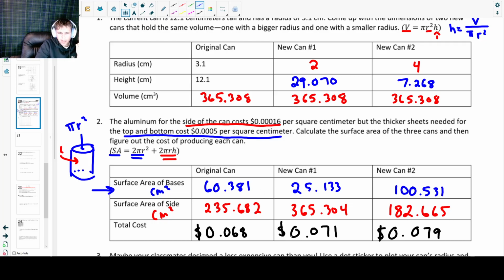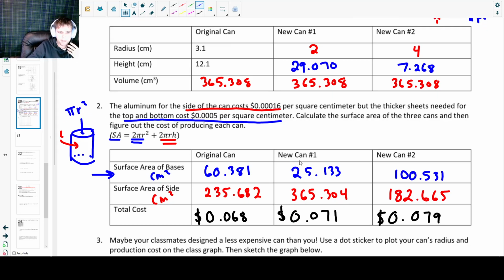Though it was a little bit odd that this one, where it had a much smaller base area than the original can, did cost more. And I guess that becomes this idea, well, the lateral surface area was so much bigger, and that kind of offset that a little bit. Tricky to really understand these things. We're going to see if we can really dive into what's actually happening here.